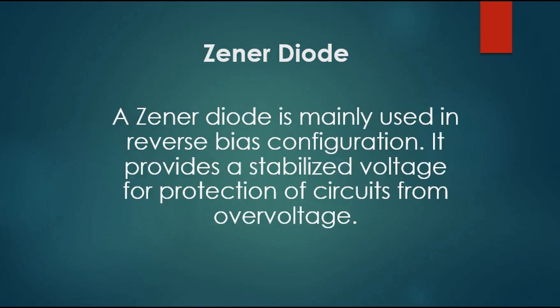A Zener diode is mainly used in reverse bias configuration. It provides a stabilized voltage to protect the circuit from overvoltage. I have said this before, but this is just to make it more understandable for anyone who did not understand what I explained initially.